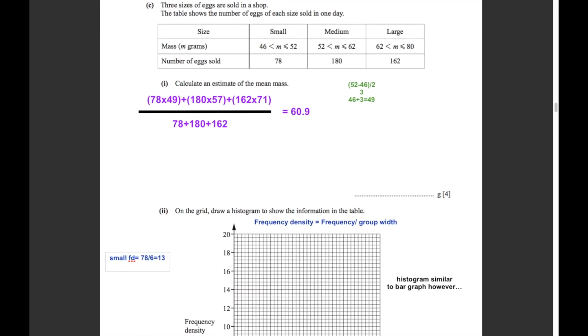Okay, so let's find the medium frequency density. 180 divided by 10, which is going to be 18. And then the large frequency density is going to be 162 divided by 18, which equals 9. Okay, so that's the heights.